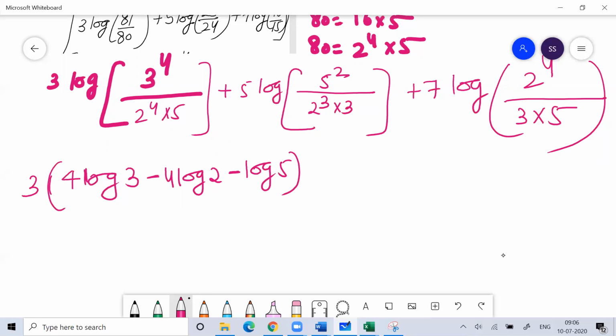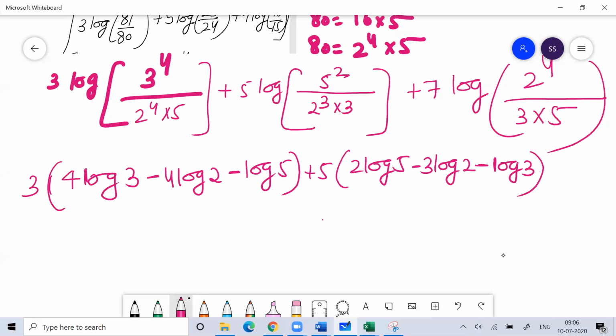So it means 3 times (4 log 3 minus 4 log 2 minus log 5). This is plus 5, then this is 2 log 5 minus 3 log 2 minus log 3, plus 7 times (4 log 2 minus log 3 minus log 5).